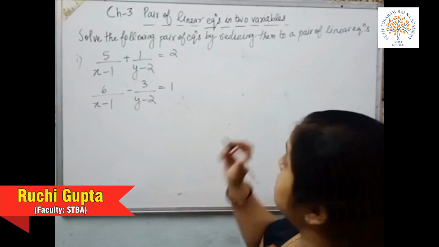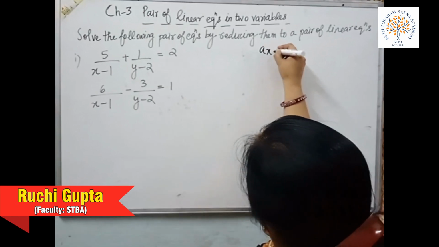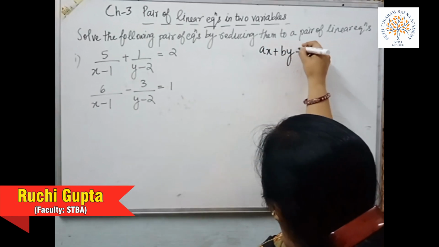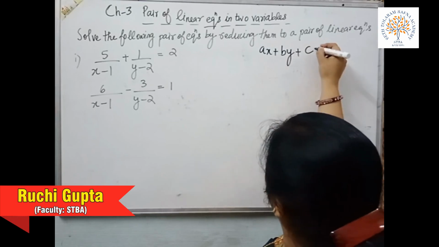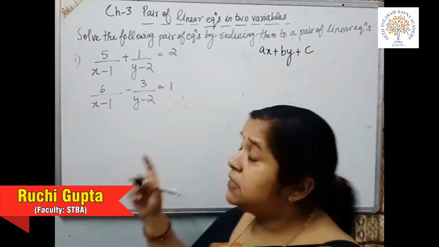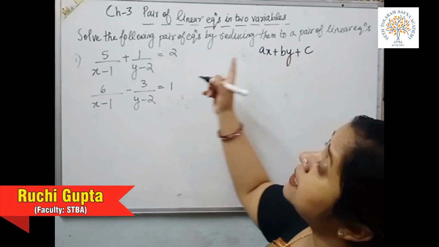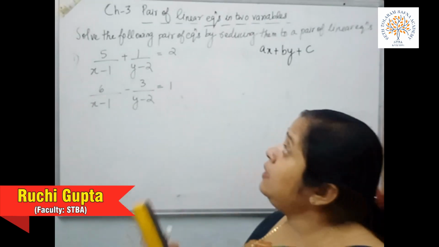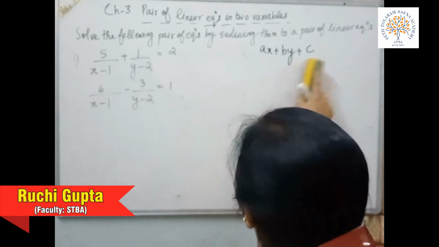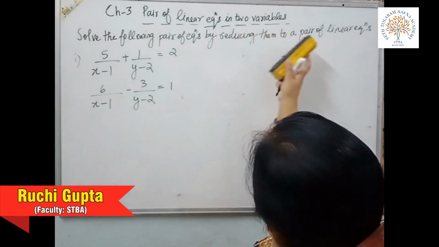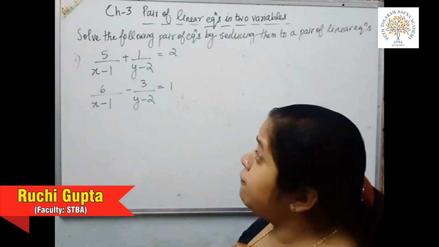But you know how we represent linear equations? We represent a linear equation in the form ax plus by plus c. It means we want the variables in the numerator.